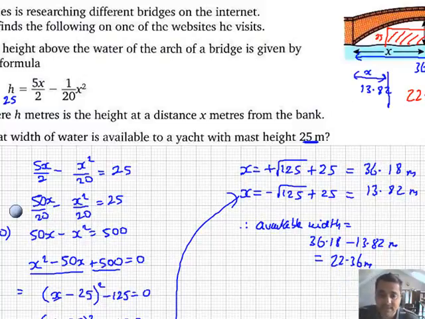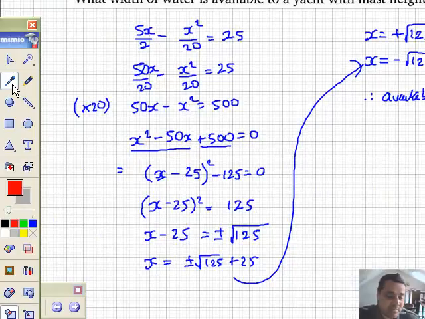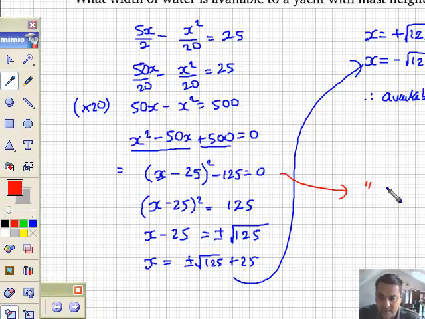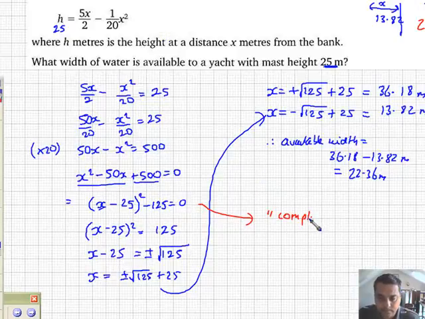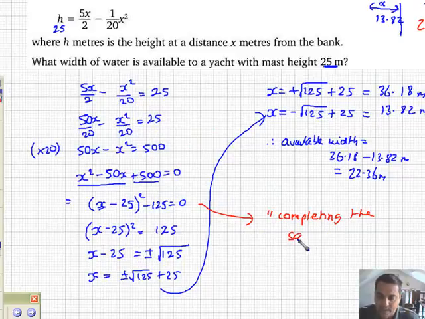Alright, so I'm going to stick to that, and that's more in keeping with the 24 that the answer book got using a graph. Well, this is a far more advanced method. Now if you've not completed the square before, this method is called completing the square. And it is one way of solving a quadratic equation.